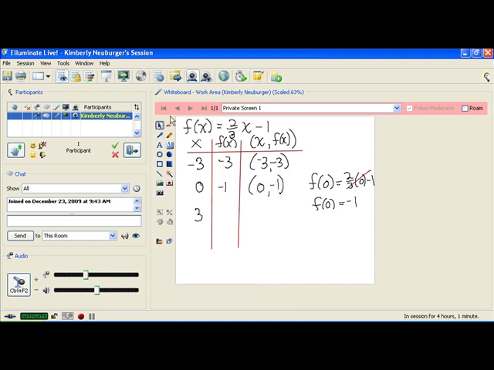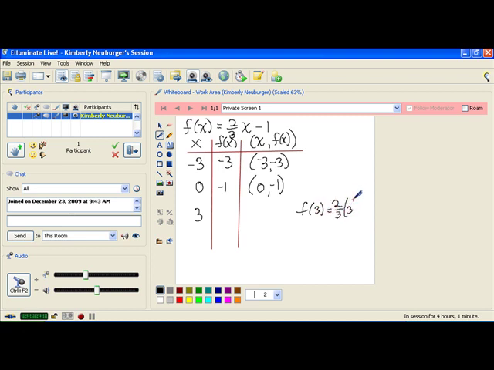Now let's calculate our third point, which will be f of 3 being 2/3 times 3 minus 1. Notice the 3's will cancel, and I end up with 2 minus 1, which is 1. So that is 1, which corresponds to a point at 3, 1.